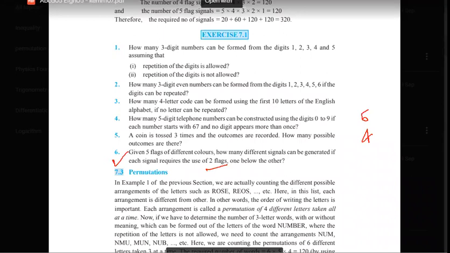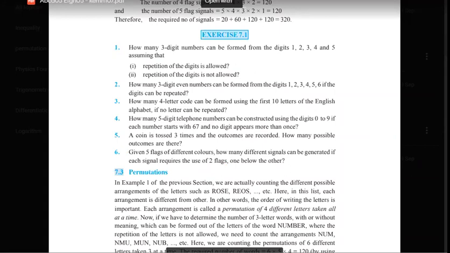Krishna, which question? See, it's like this.